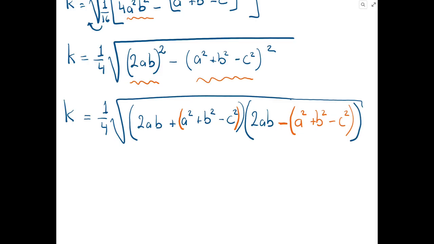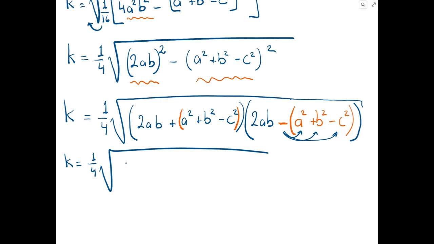And now I can just distribute this negative, get rid of those parentheses as well. So k equals 1/4. And I'm going to rearrange those a little bit.